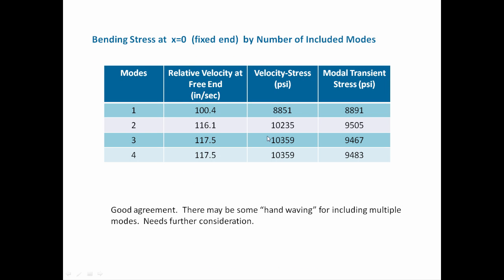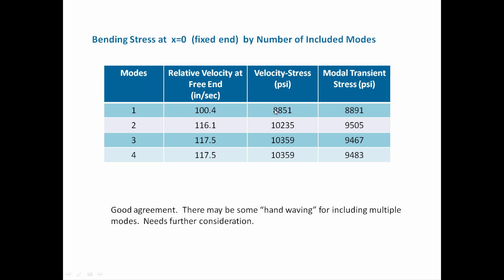Okay, in this case, I'm not going to go through and do this now, but this is just a summary. So this is going to be our bending stress, x equal to 0, the fixed end, by number of included modes. And these velocities, you've seen these velocities before. And these are the velocity stress values in psi.